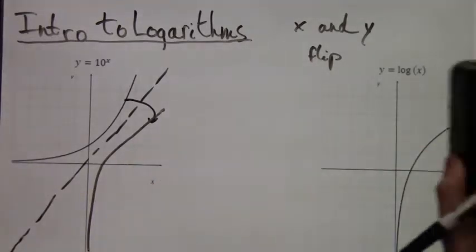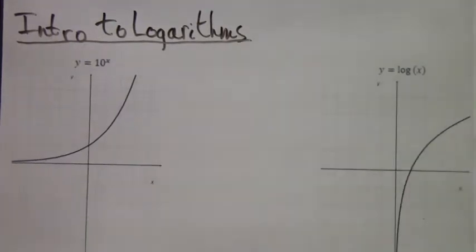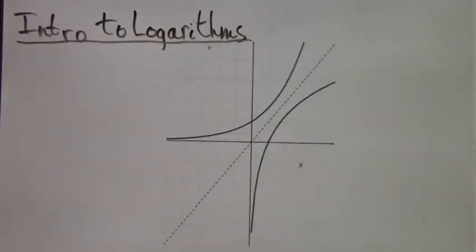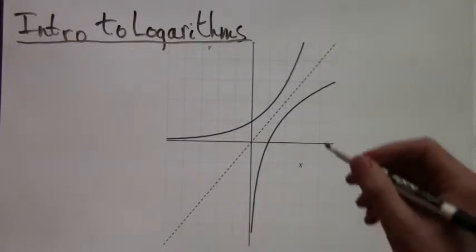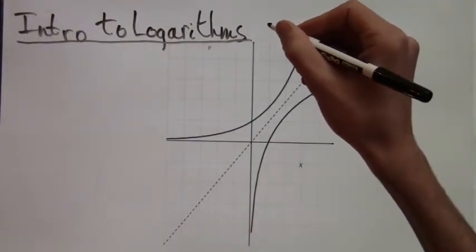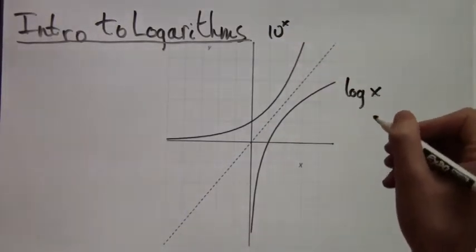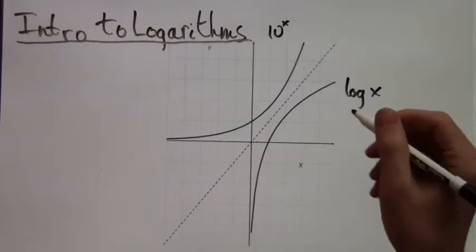Now I'm not perfect at drawing, so obviously it looks a little bit different, but I can show you the drawing made by a computer, and this is what it looks like. As you can see, on top we have 10 to the x, and on bottom we have log of x, and they're perfect mirror images.